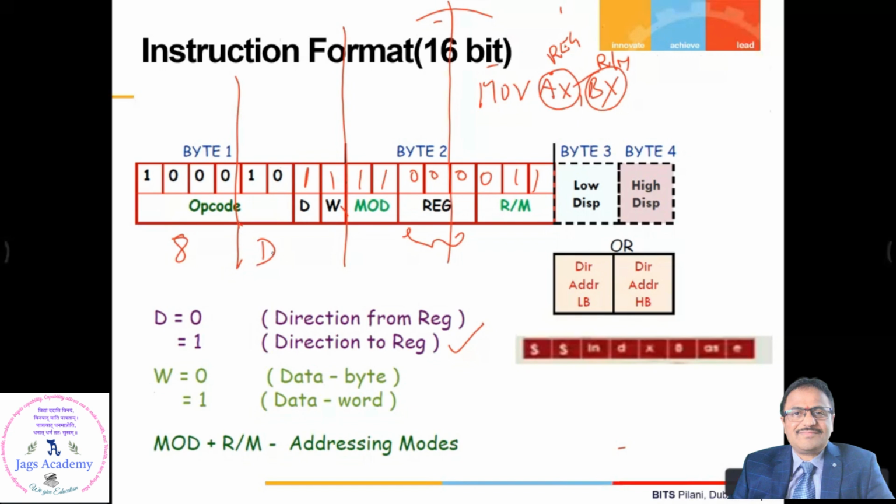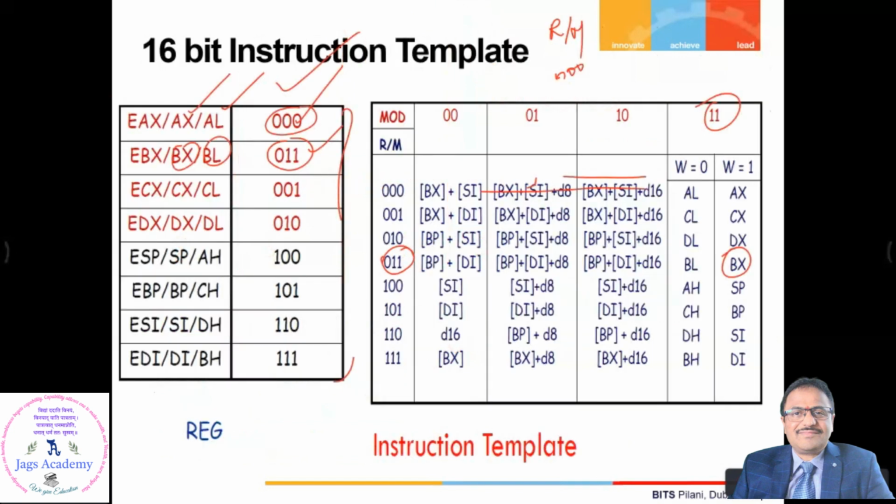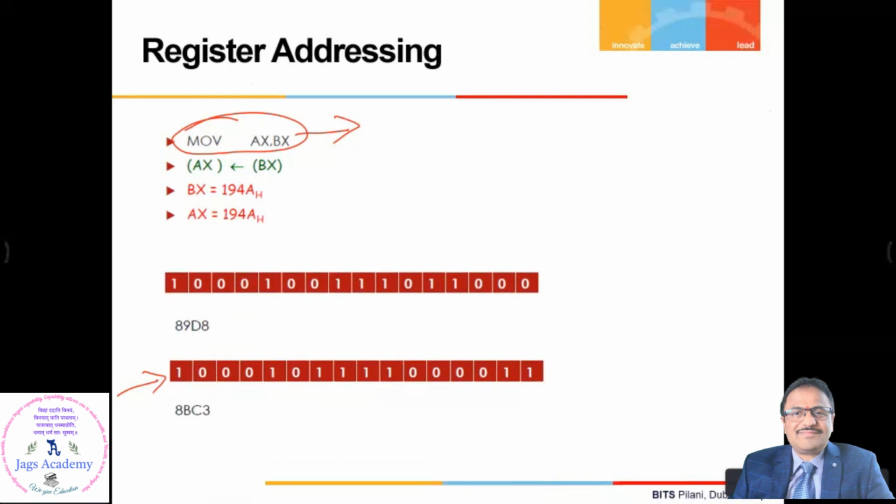This is E. Okay. This is B. Just check everything. This is C. Fine. You understood now how to convert?